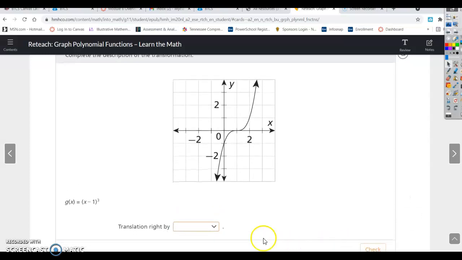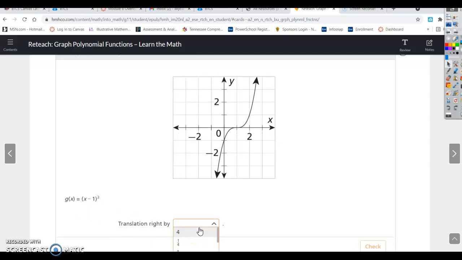This one, instead of going through (0, 0), has been shifted over and goes through (1, 0). So this one has a translation to the right, by 1 unit.